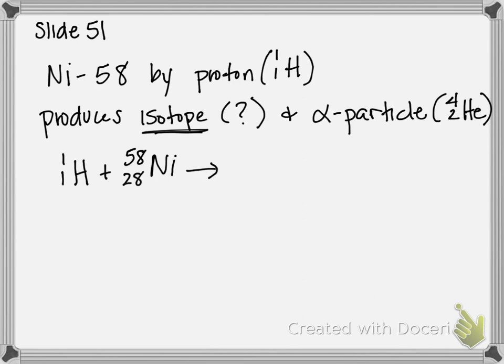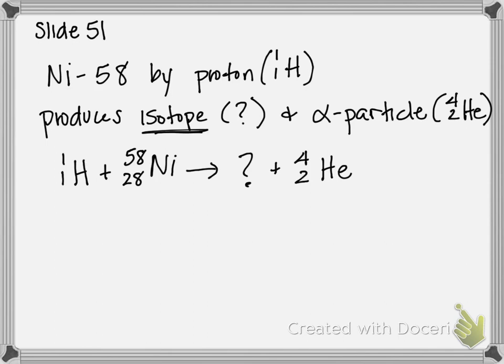And that's going to produce some isotope, we don't know it yet, plus alpha particles, which is 4/2He. So, name of the game is to figure out our mass number, atomic number, and the element symbol. And we just basically need to make sure that the numbers on both sides are equal to one another.